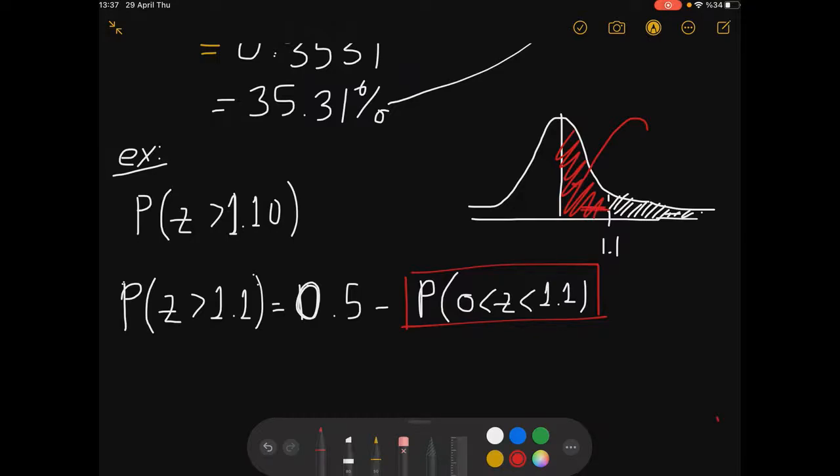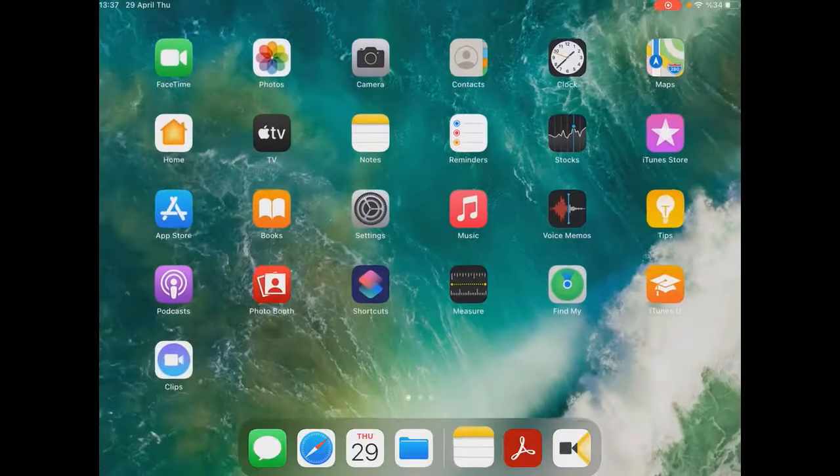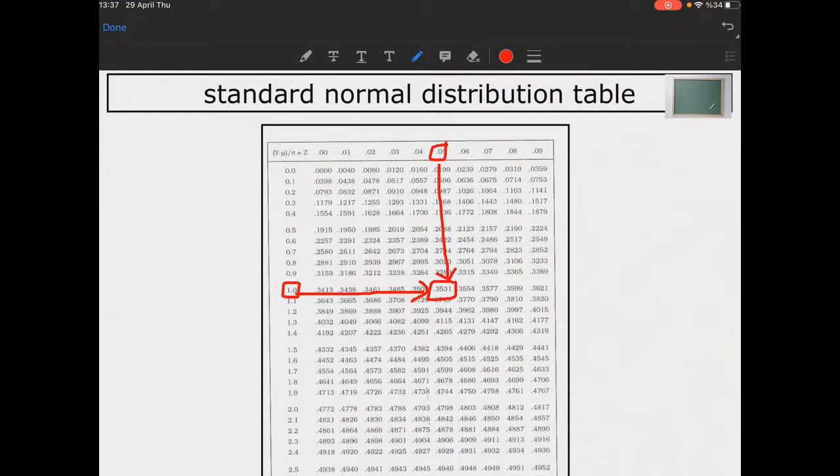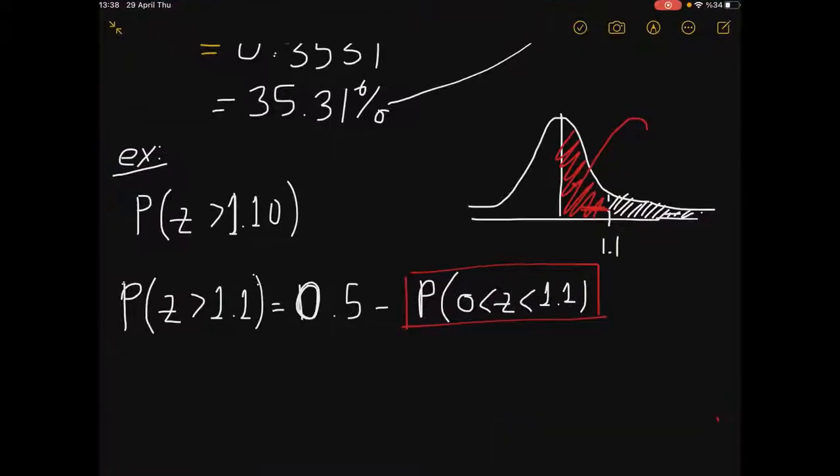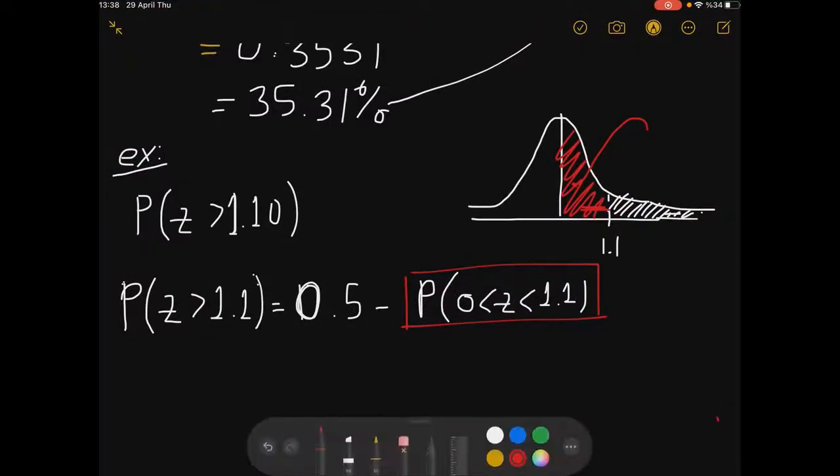Now let me take a look at what is 1.1 here. Where does my 1.1 correspond to? It's right here, 1.1 exactly, and it is this one: 0.3643.